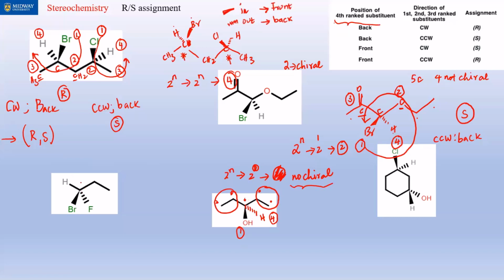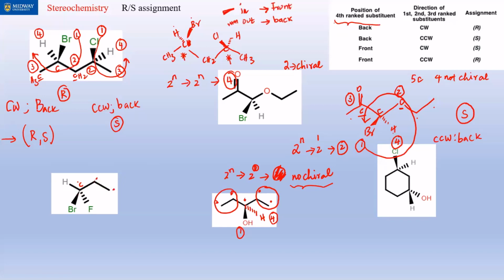Again, what is important is you can assign priority. This is not easy because your lowest priority group, this is the carbon, which contains a hydrogen, a bromine, a fluorine, and then this is attached to CH2 and CH3. So these two are not chiral, because this is CH2, CH3, that's not chiral.